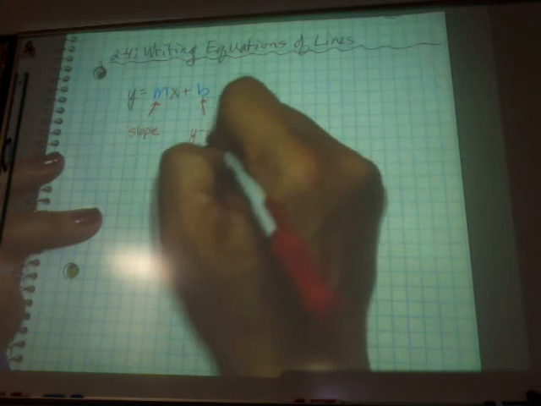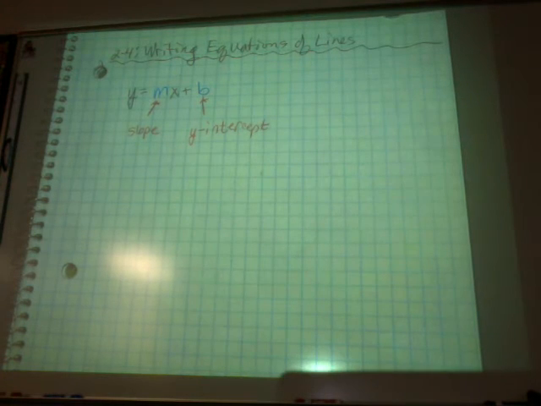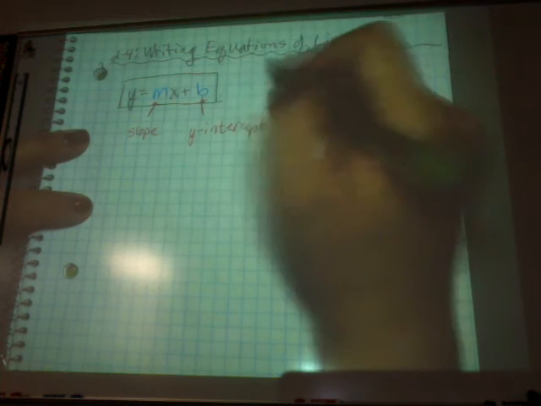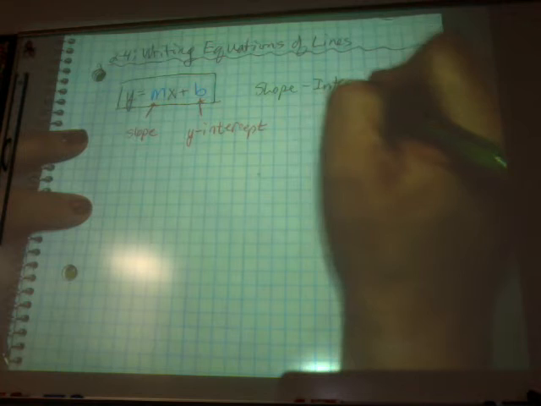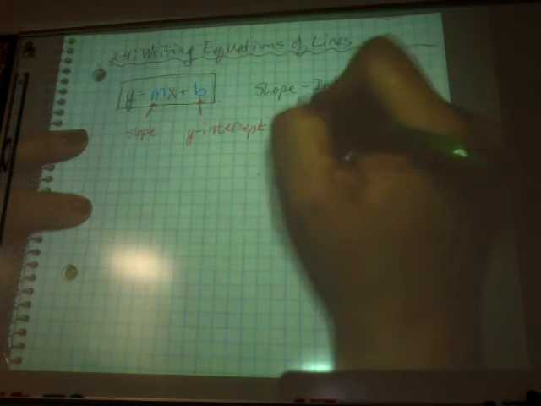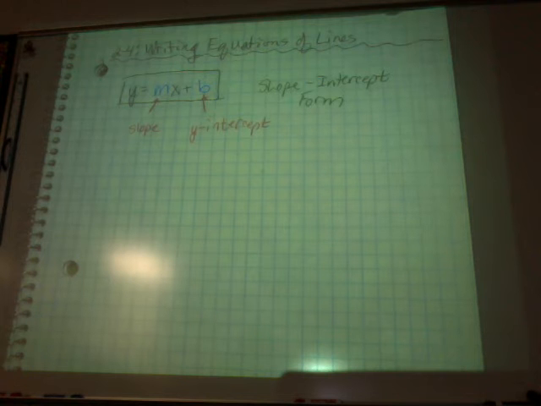If the equation is solved for y, you have it in what's called slope-intercept form. So that's one of the forms that we're going to use.